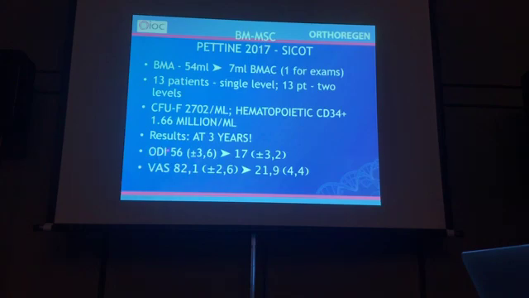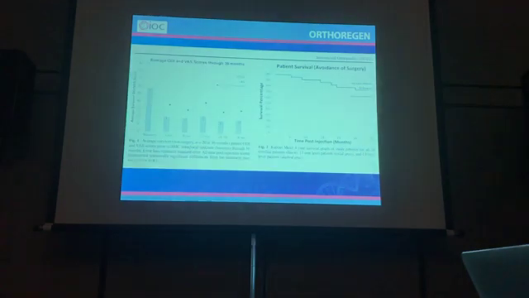The Oswestry disability index came from 56 to 17, and the visual analog scale dropped from 82 to 21 at 3 years. Well, that's fantastic.